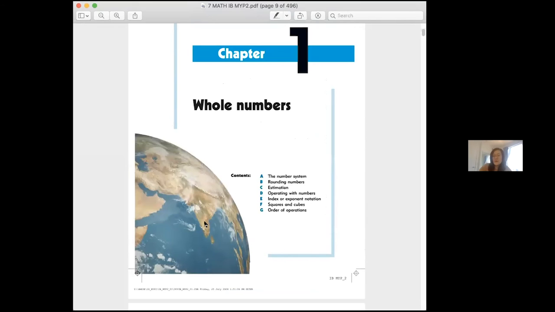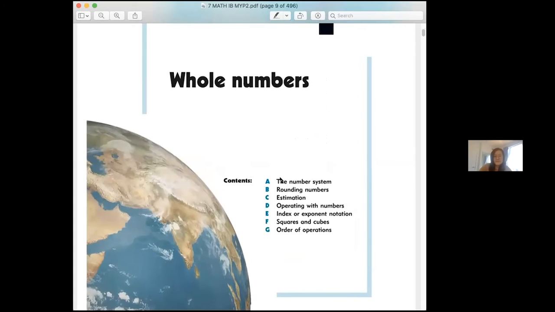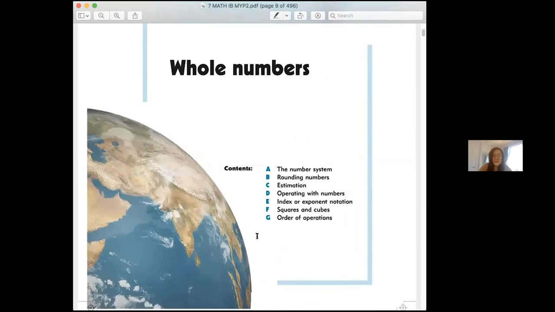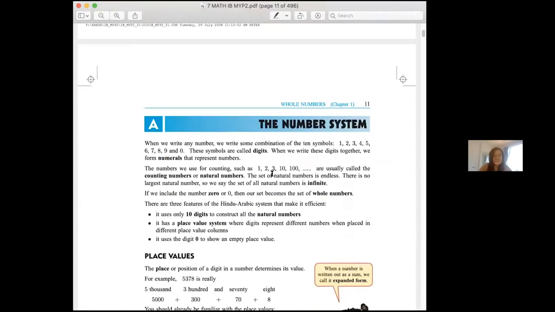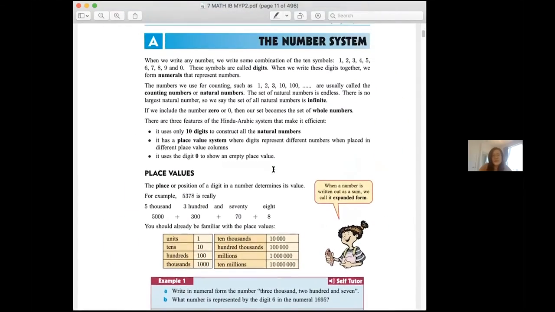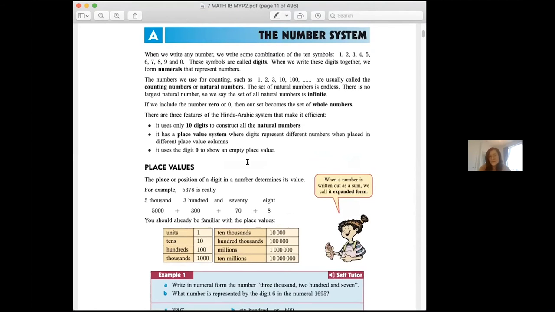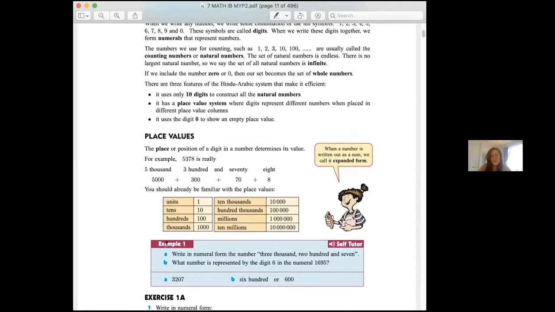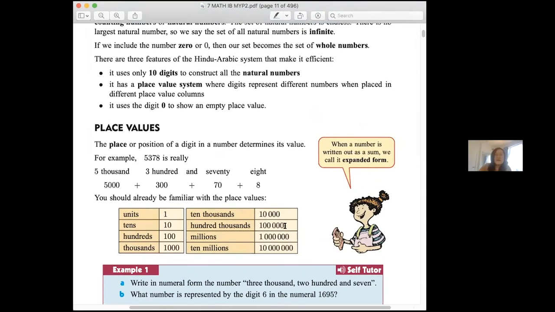Chapter 1, whole numbers. Those are the topics, so let's do them one by one. Number system. Open your notebook and write down, we are doing chapter 1 and example 1. Whole numbers have a place value system, which means the place or position of a digit in a number determines its value.